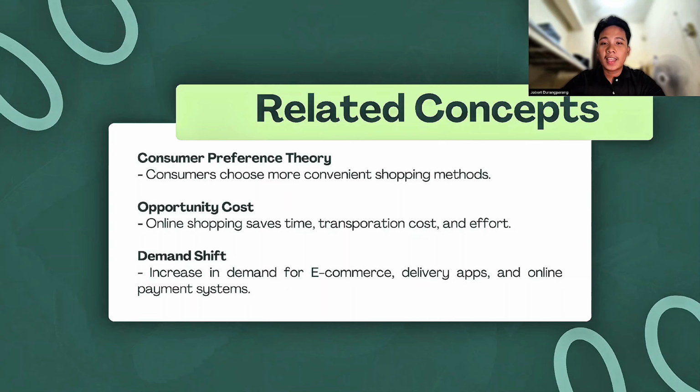And lastly, the demand increased for delivery services, e-commerce, and digital payment systems. Meanwhile, some physical stores experienced reduced customer traffic. This shows that consumer behavior directly affects market demand and business strategy.